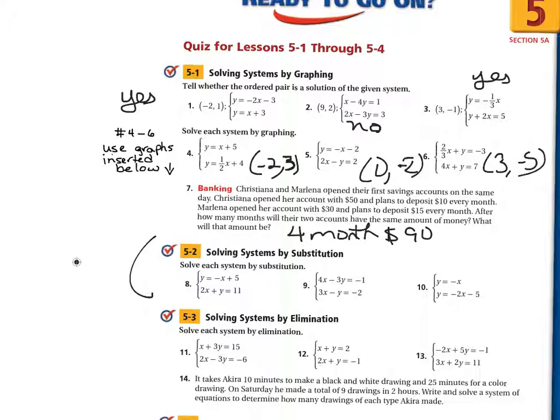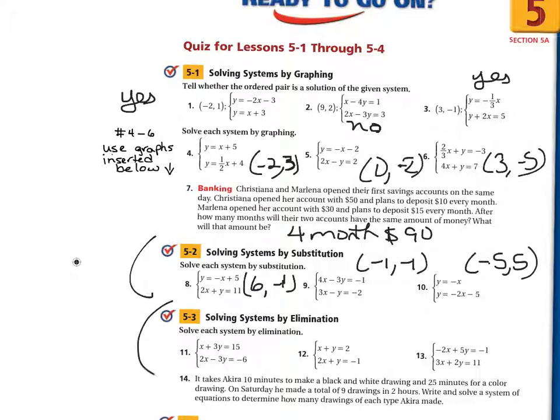And the ordered pair for number 8 was (6, -1). The ordered pair for number 9, (-1, -1). The ordered pair for number 10, (-5, 5).